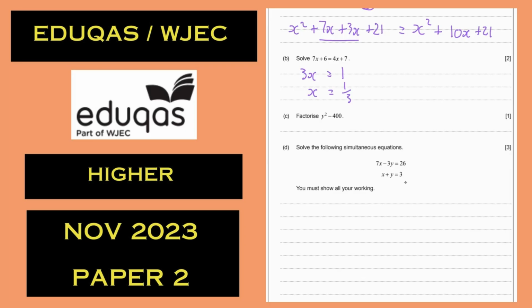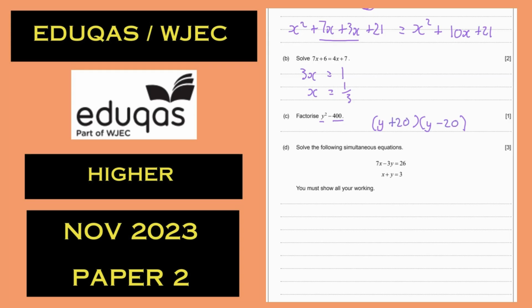Factorising part C. Hopefully you've been doing enough revision to realise what happens when it is something squared minus something which has been squared. The square root of y squared is y. Square root of 400, you may be lucky enough to know it. You might grab your calcs.